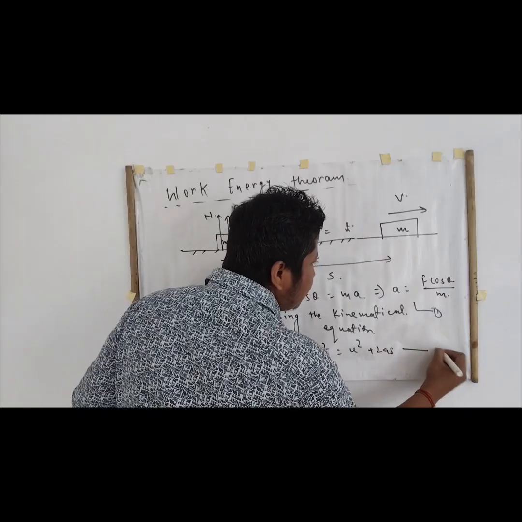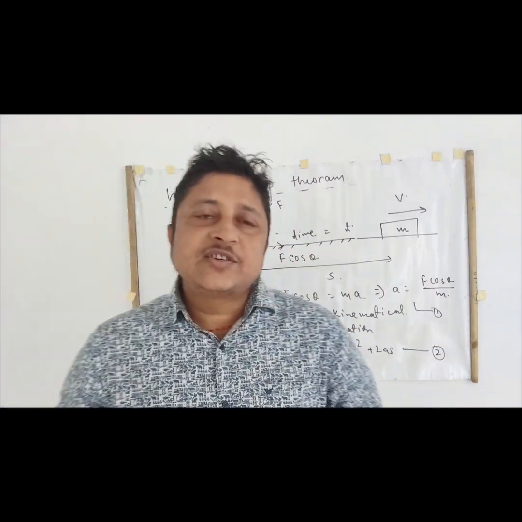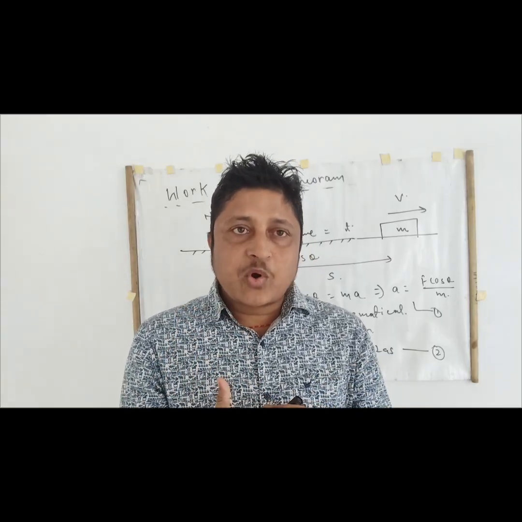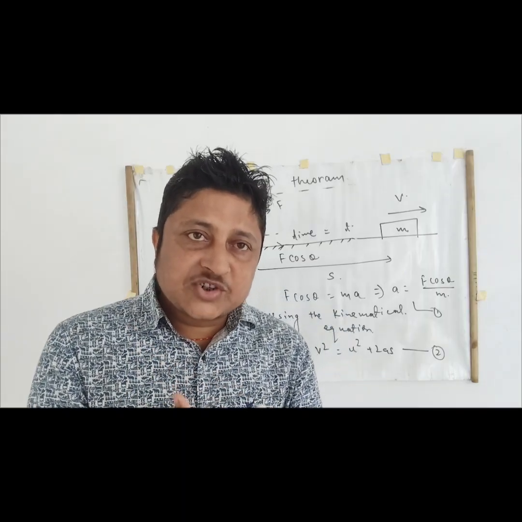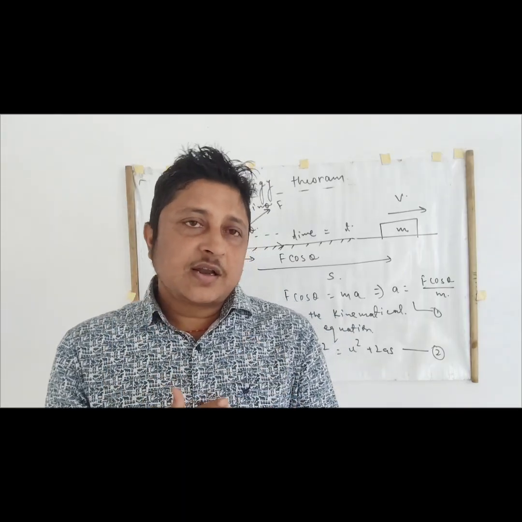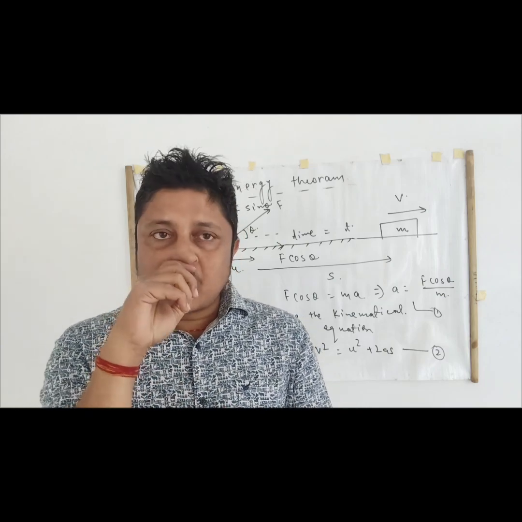This is our equation number 2. We will use these two equations to introduce the concept of energy, and after deducing the expression, we name that form of energy the kinetic energy of the body. We will also elaborate the concept of work.